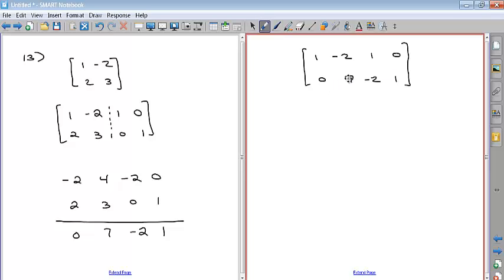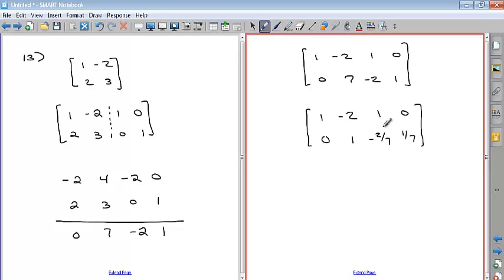Now what I'm going to do is divide the second row by 7. So I'm going to take every element in the second row and divide by 7. So I get 1, -2/7, 1/7. Okay, and then finally I want to get a 0 here.